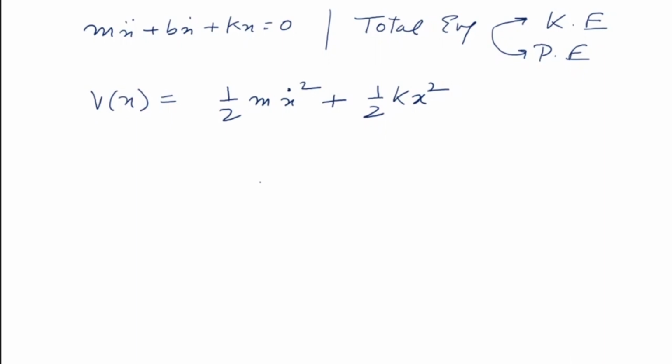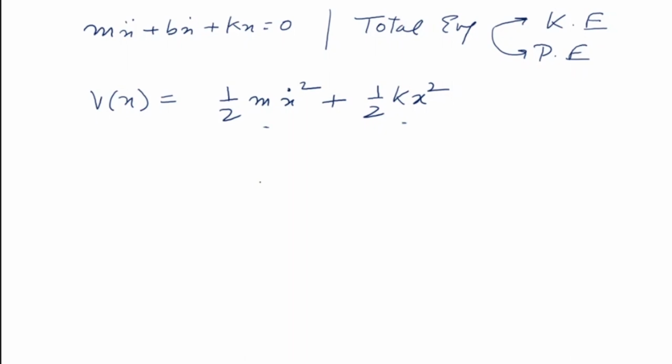So in this MBK system, your energy dissipation is by B, the damping, so that doesn't store energy. The only energy that is being stored is the kinetic energy, which is in terms of the mass, and there is a potential energy of the spring, which is half k x squared.